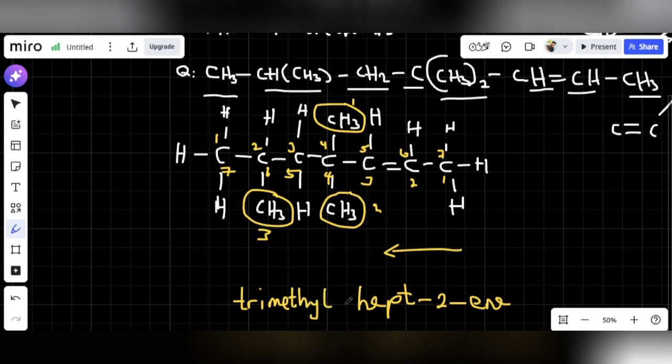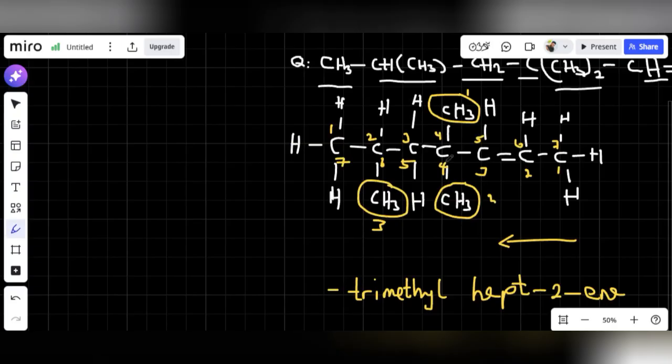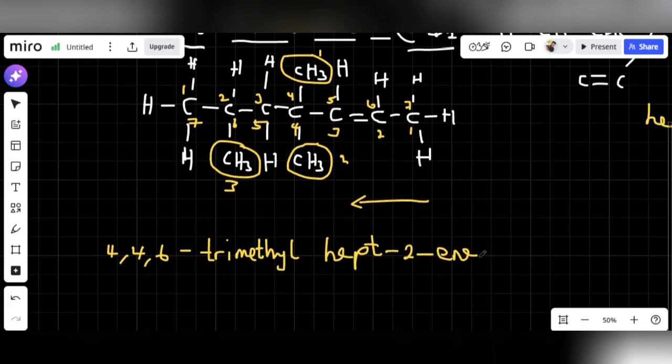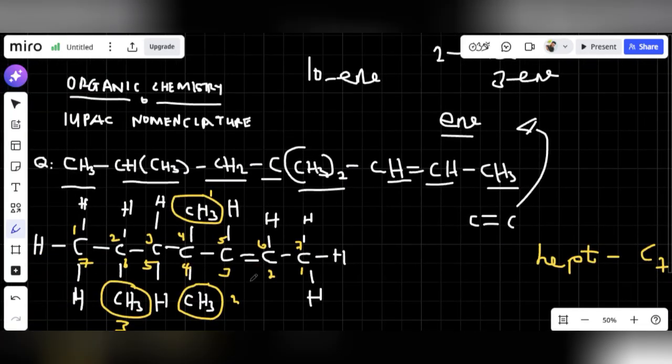So trimethylhept-2-ene. Then we check the position of those methyl. We are counting like this, so that's 4, 4, 6. So we write it as 4,4,6-trimethylhept-2-ene. That is our final naming for that ridiculously long organic compound.